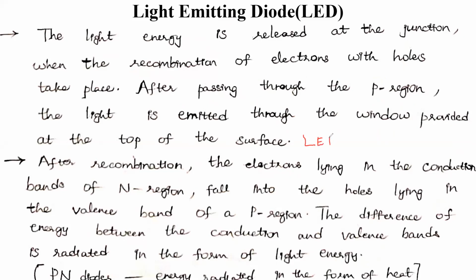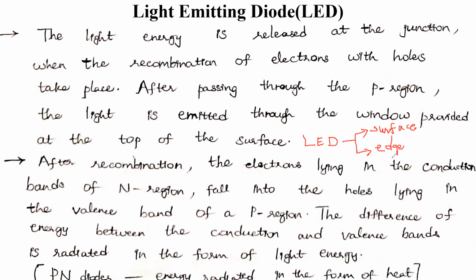LEDs are of two types: surface emitting and edge emitting. Surface emitting LED is used in optical fibers or fiber optics. You may come across surface emitting LED, and the next one is edge emitting LED.